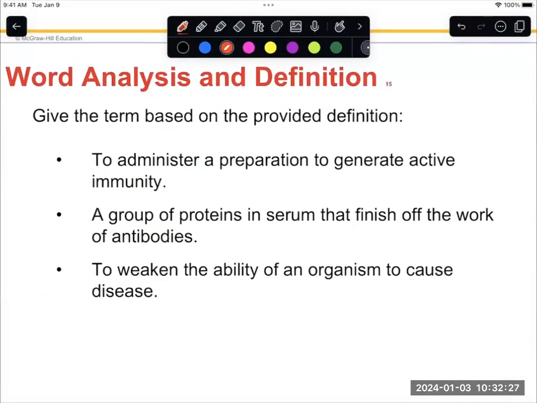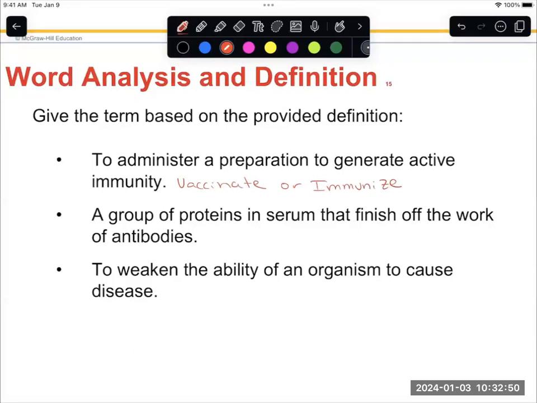So to administer a preparation to generate active immunity, it's vaccinate or immunize. Those are the same. Those would also be correct.